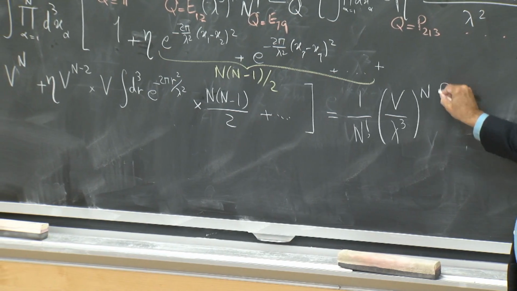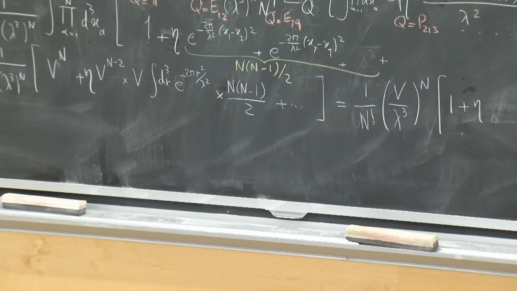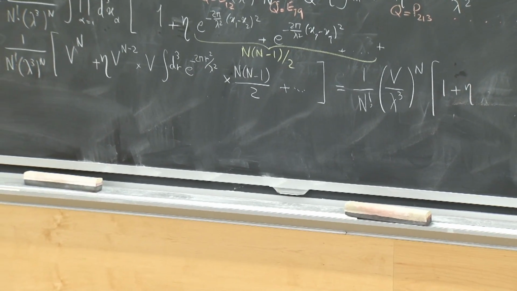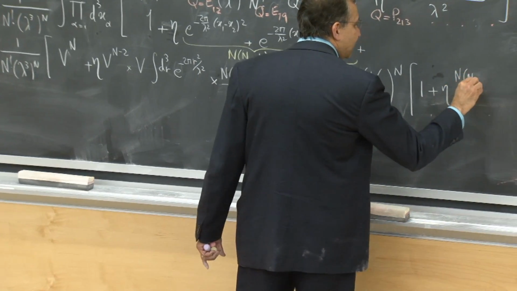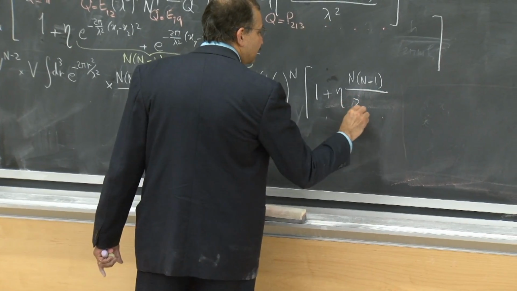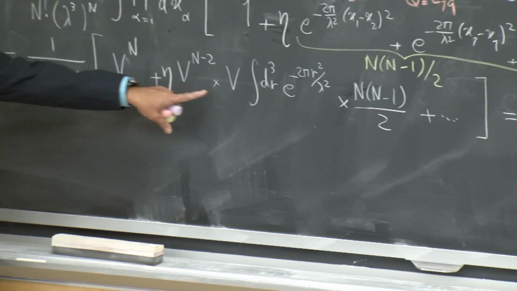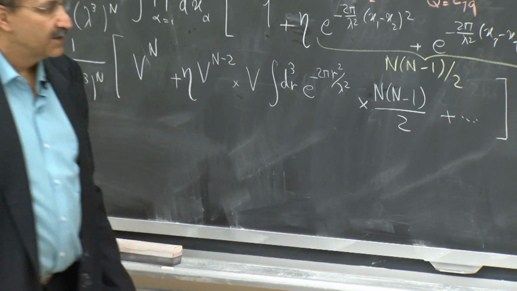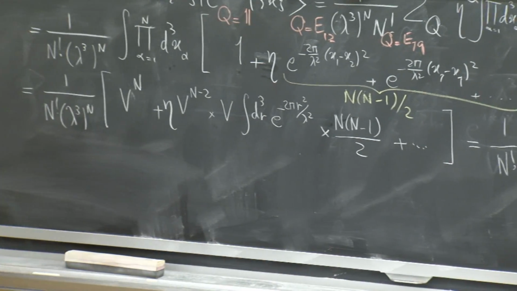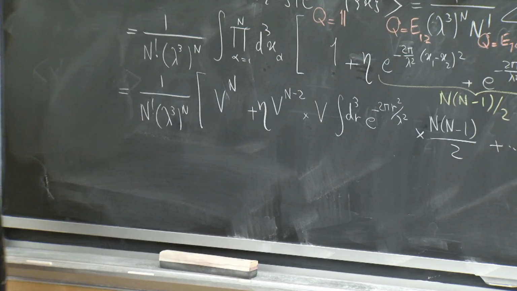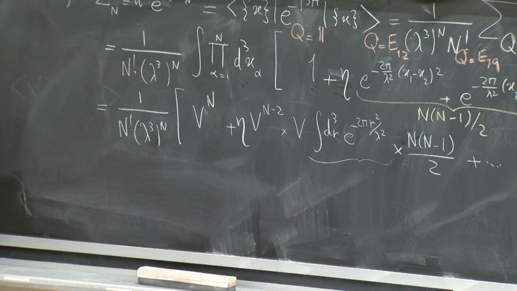So the first term is 1. The next term has the parity factor eta that distinguishes bosons and fermions. It goes with a multiplicity of pairs, which is n times n minus 1 over 2. Since I already pulled out a factor of V to the n, and I really had V to the n minus 1 here, I better put the factor of 1 over V here. And then I just am left with having to evaluate these Gaussian integrals.